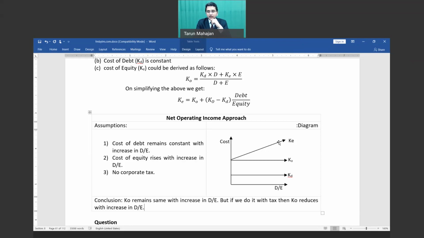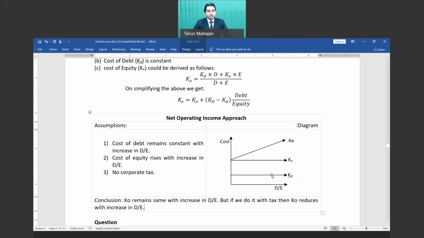But on the other hand, equity is getting equally expensive. So whatever advantage of cheaper debt you are getting is compensated by expensive equity. And that way, the overall cost of capital, KO or WACC, whatever you name it, will remain constant.